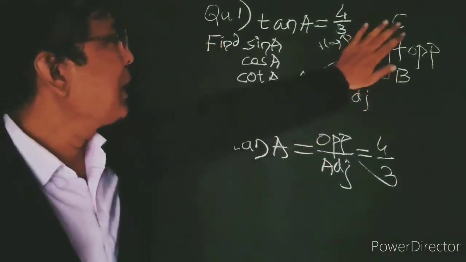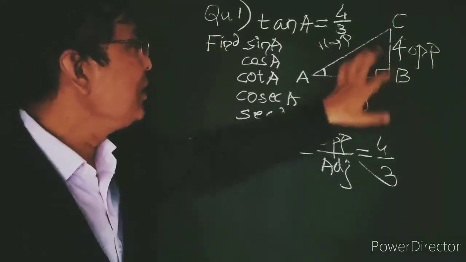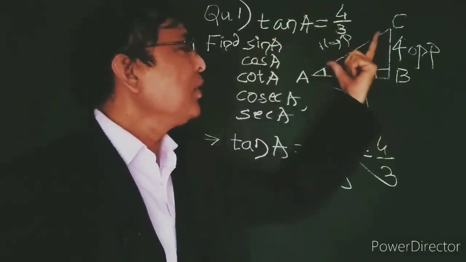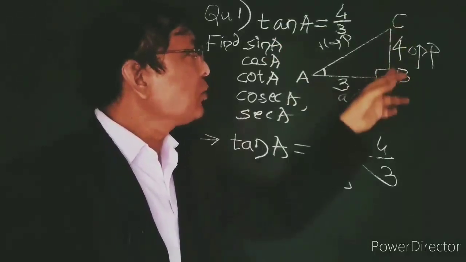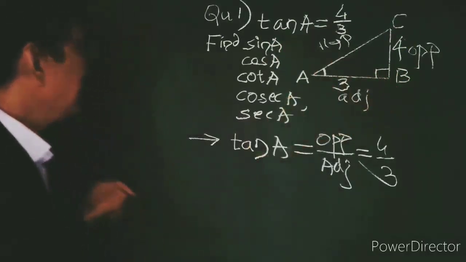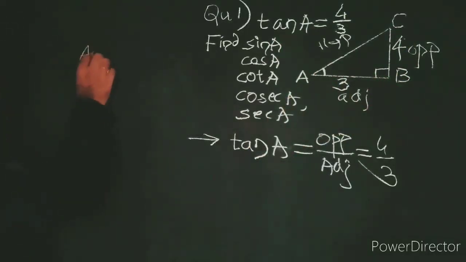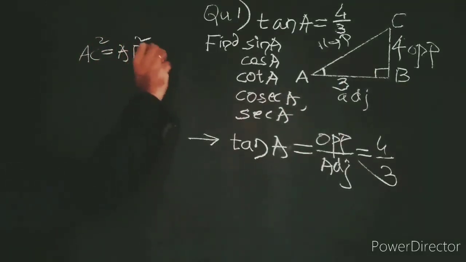Let us apply Pythagoras Theorem to this triangle. Hypotenuse square is equal to the sum of squares of the remaining two sides. That is AC square is equal to AB square plus BC square.